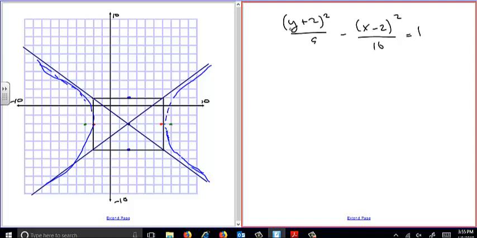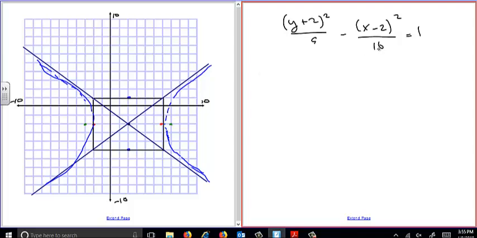So now the negative is associated with the x squared and the positive with the y squared. But 16 is still matched up with x, so I still plot the center at 2 comma negative 2.